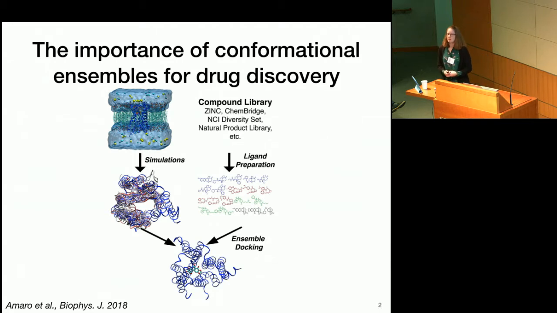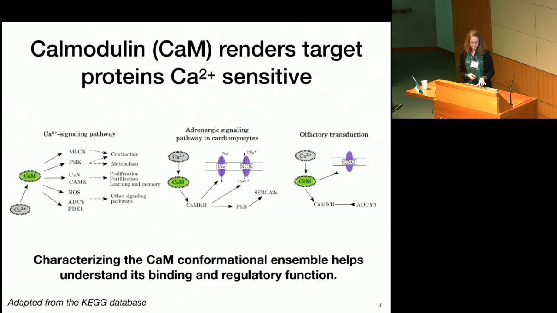But the question of how to obtain the conformational ensemble remains. In this case, you would run MD simulation and obtain a conformational ensemble, but much more relevant would be to obtain the actual conformational ensemble that the protein samples during its functional cycle. And this is not a trivial thing to do at all.